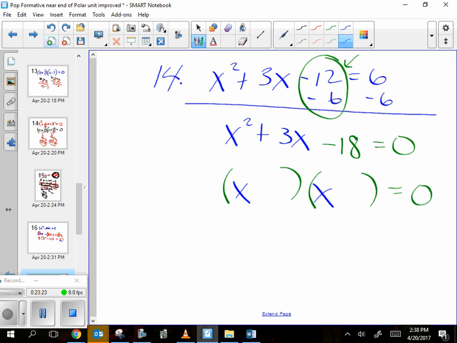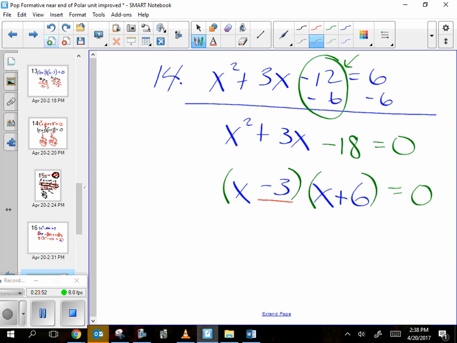9 and 2, but do 9 and 2 make a 3? No. 3 and 6, very good. There's a 3 and there's a 6. Now the only hard part is which one of them is negative. I'll give you this hint. It doesn't matter until you try it and you find out whether it works.